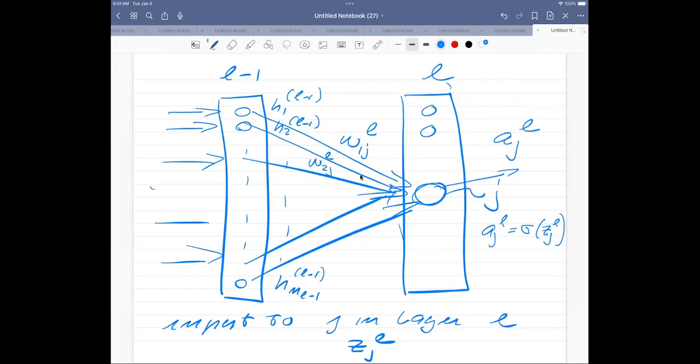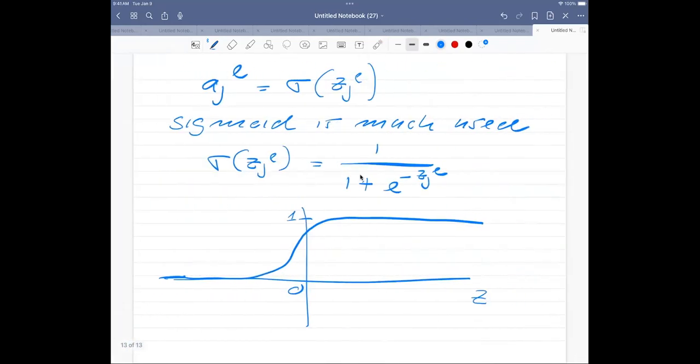And then it would have terms which come from all these parameters, L minus 1 of j, etc. So the way you would write this now, this parameter z of j, L, is going to be given by a sum over all the nodes we had in the previous layer, up to n of L minus 1.